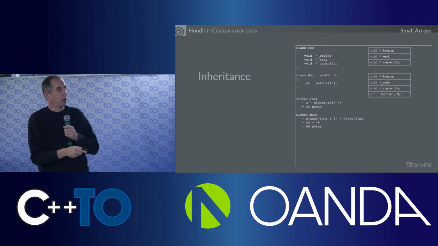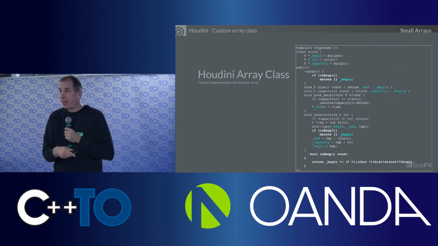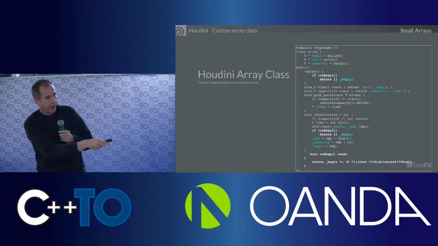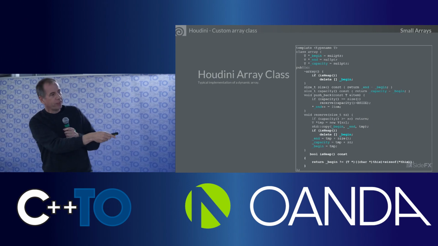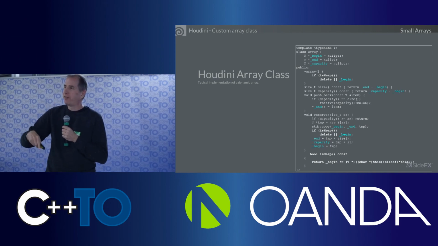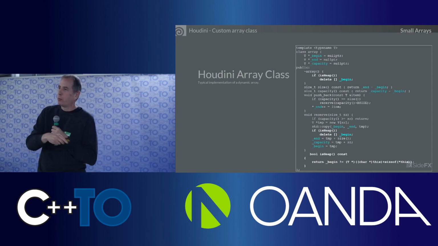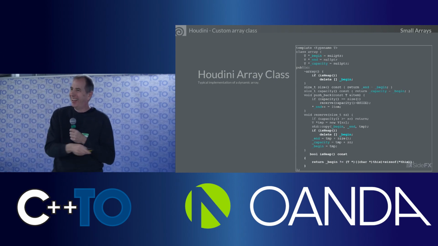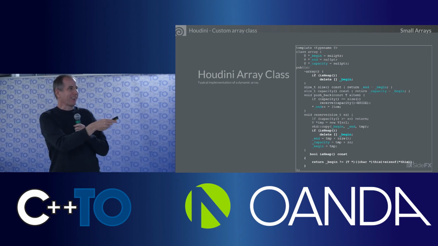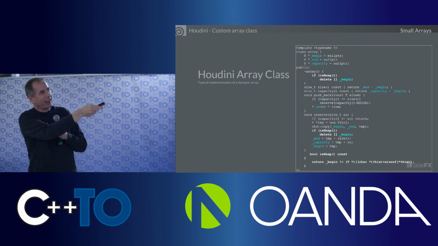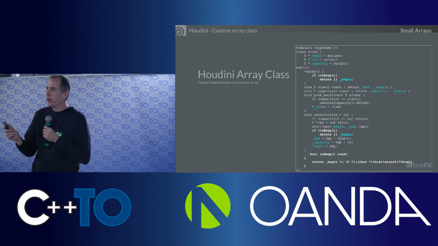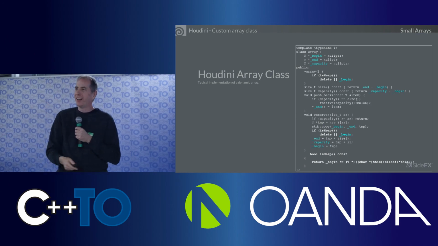So we modify our base class array to have this method right at the bottom called isHeap. And what we do is we say, if the begin pointer points to the end of the array, then we know that we're pointing to the buffer, not the heap memory. It's really nasty, isn't it? It's really gross, but it works. So if we're heap memory, we do the deletion. If we're not heap memory, we don't bother deleting because we know we're pointing at that stack buffer.